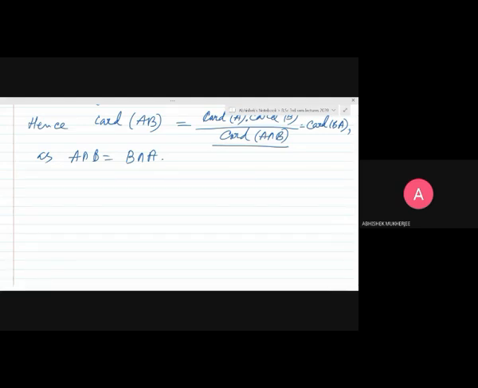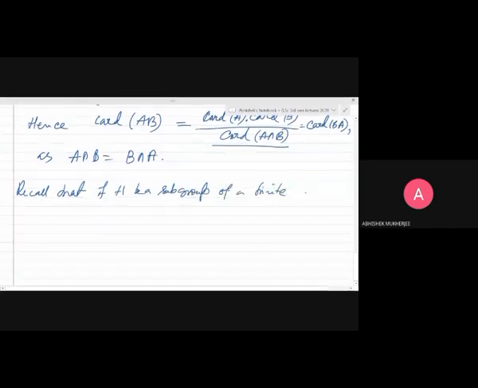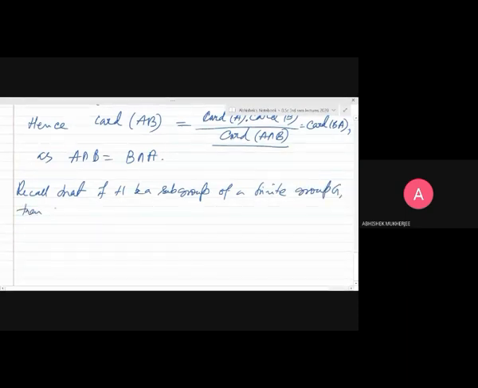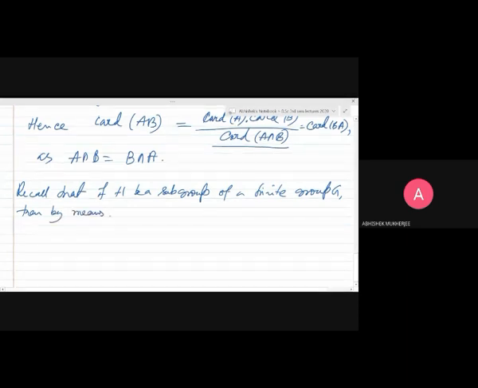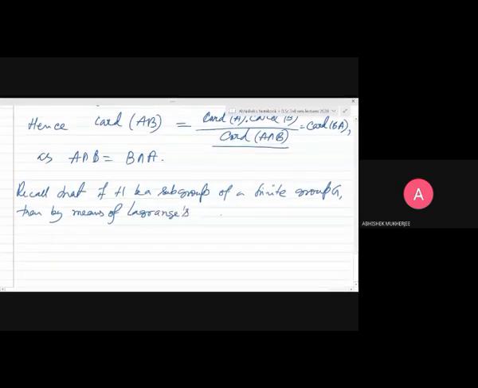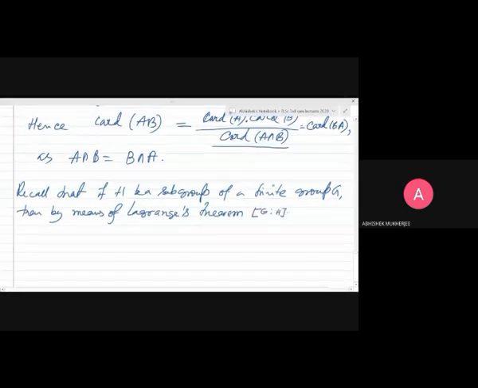So recall that if H is a subgroup of a finite group G, then by means of Lagrange's theorem, the index is the order of G by order of H, right?